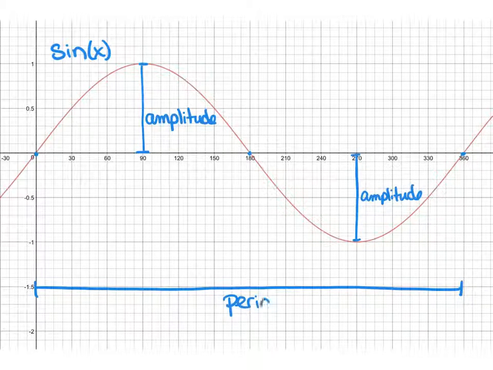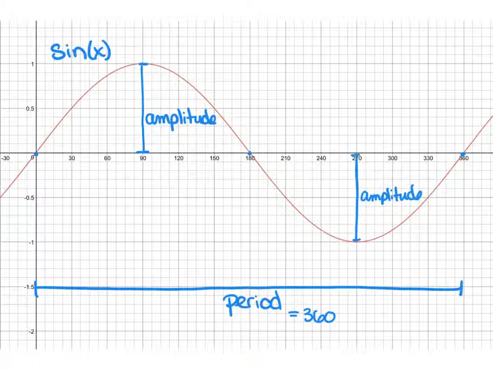The period is the distance, or length of time, or degrees that it takes for the graph to return to the starting position. It started here at 0, and it took all the way to 360 degrees to return to where it started. So our period for this graph is 360.